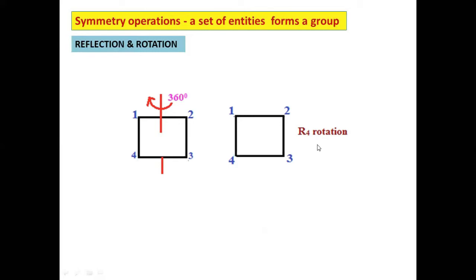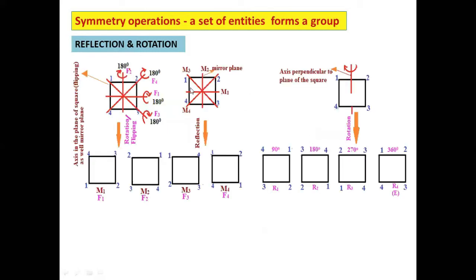With respect to this line, a flipping also can be done. So here it has been summarized. A line is taken, and with respect to this line, a flipping can be done, that is, rotation through 180 degrees. So that is also another type of symmetry operation. Here also four symmetry operations are expected.